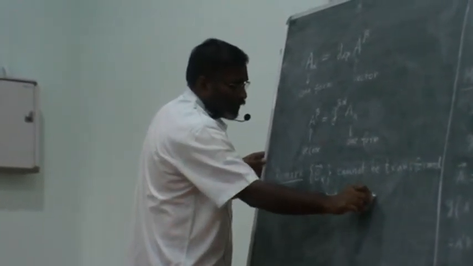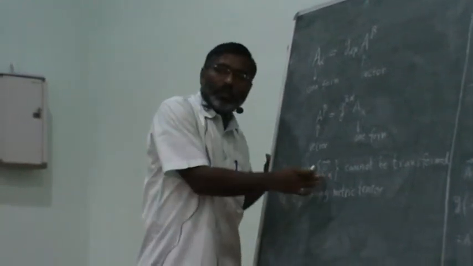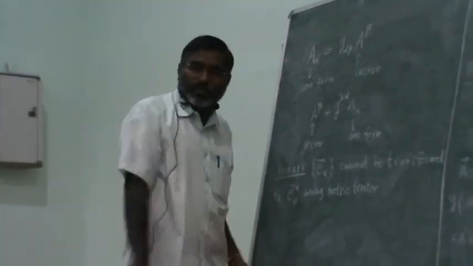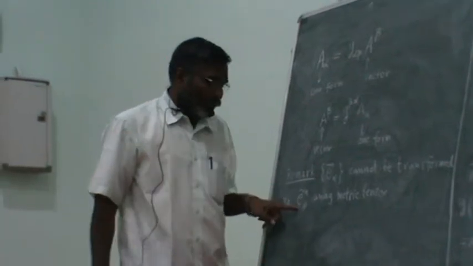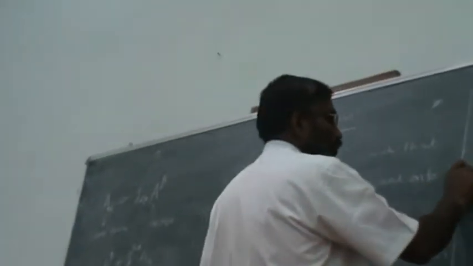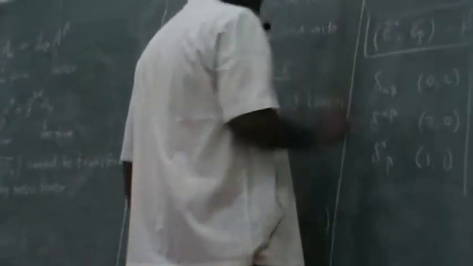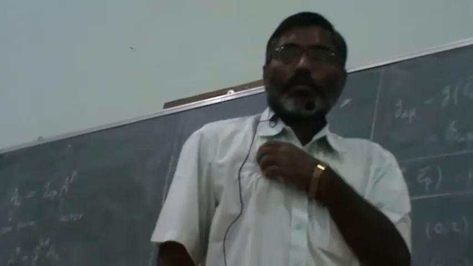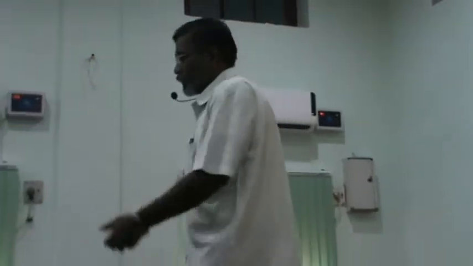Because, see, these are not the components, these are some different basis sets. We have defined this basis using a particular rule, this rule. So it cannot be transformed. That's the only remark that you have to keep in mind. Otherwise, vector components can be transformed to one-form components by using metric tensor.